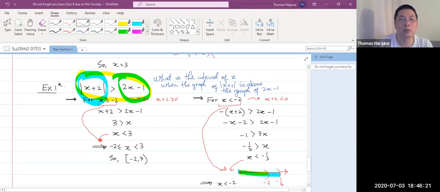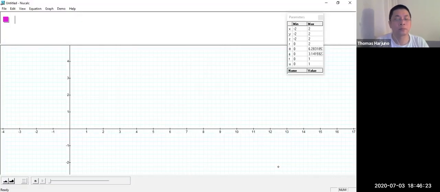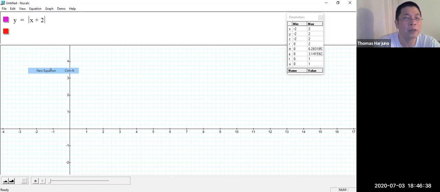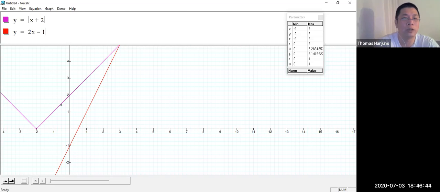So let's see what the graph looks like. I think we did this before. Y equals the absolute value of x plus 2, that's the graph on the left hand side, the graph that we want to be above. And then this is the graph for 2x minus 1, the graph that we want to be below.